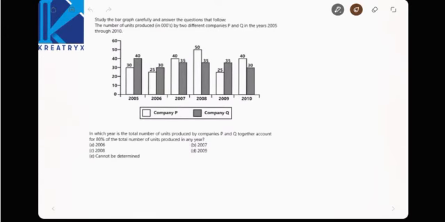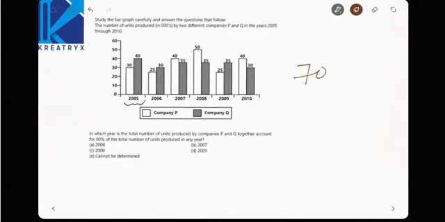Next, in which year is the total number of units produced by P and Q together 80% of the total number of units produced in any year, it seems. Okay, now P and Q together in 2005 have made a total of 70,000 units, right?